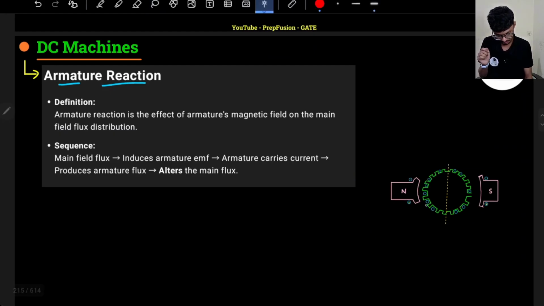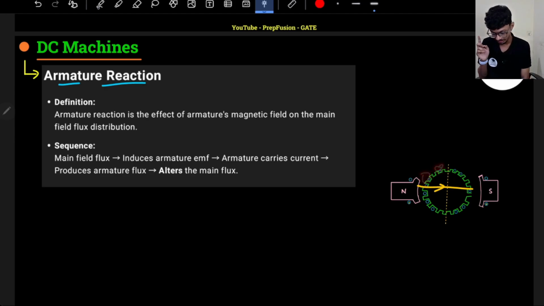I know that if I have a magnetic field and current carrying wires here, and I'm rotating the prime mover, then there is a flux cut, there will be induced EMF in the conductors.